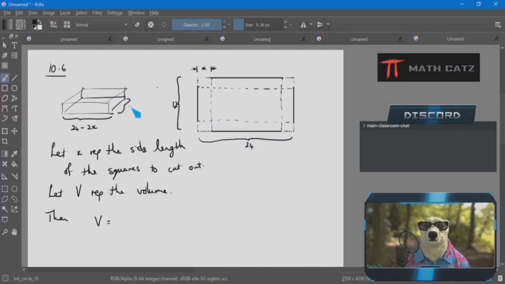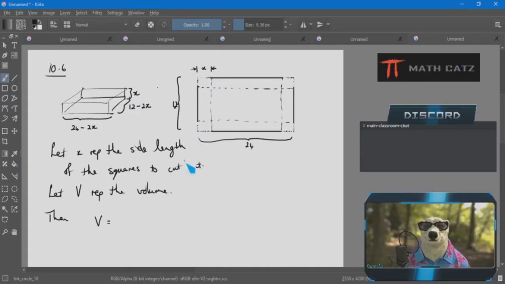The width of the box is now 12 minus 2x, and the height or the depth is that exact square length that I'm folding up.